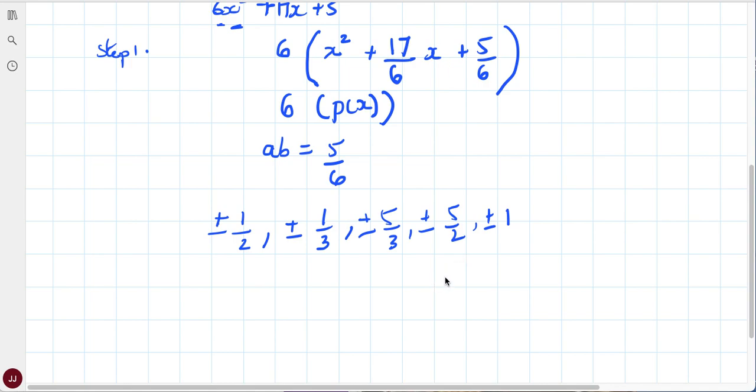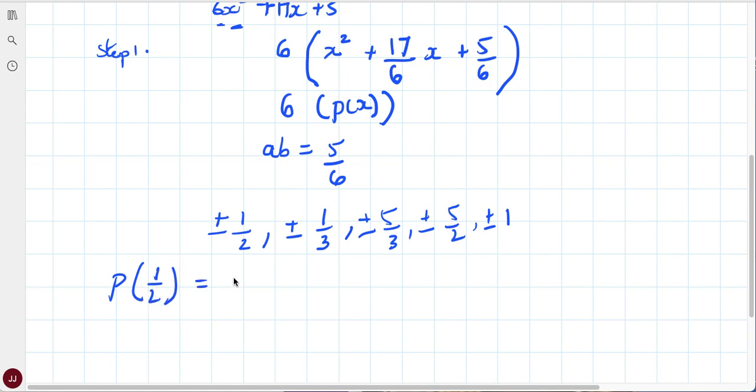So let's evaluate now. Let's find one by one. P of 1 by 2, let's start with plus.